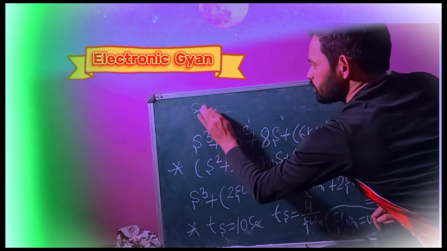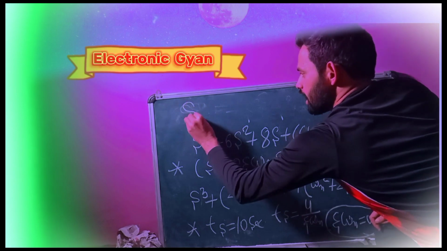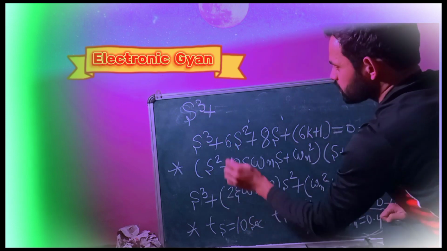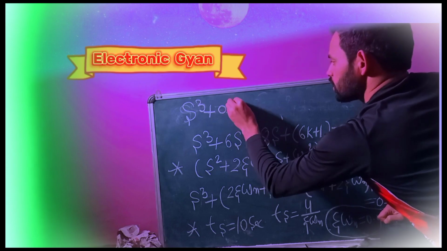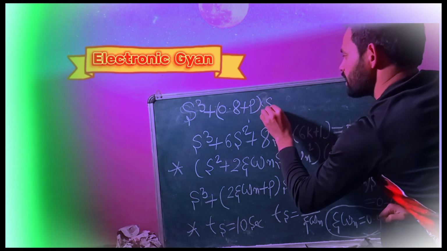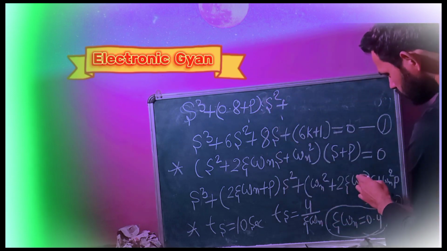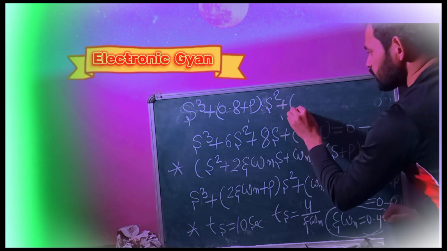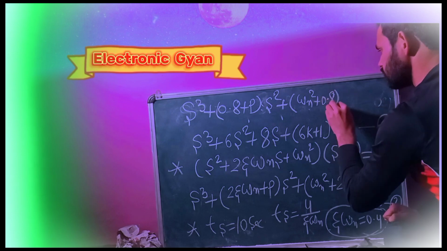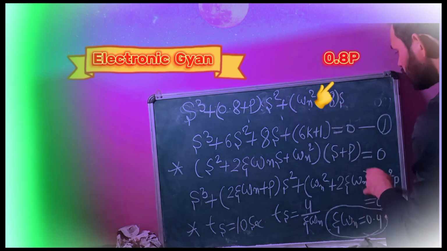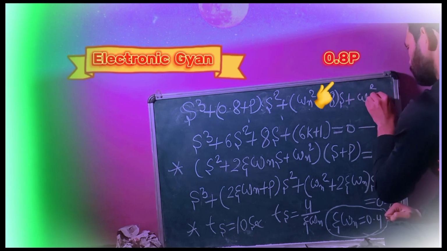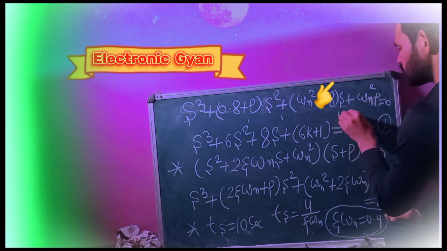What we will get here is s cube plus (2 zeta omega n, which is 0.8, plus p) into s square plus (omega n square plus 0.8 p) into s plus omega n square p. Yes, which is my equation number 2.